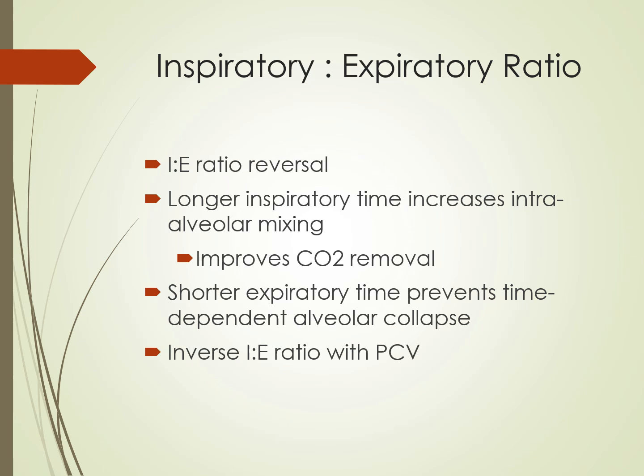So basically, patients with ARDS would do much better having a longer I time, like 1:1 or possibly 1.5:1 or 2:1 if you do an inverse IE ratio pressure control ventilation. If you use a short I time, you're going to create more harm to the patient by decreasing their oxygenation status, and that's not what you want to do.